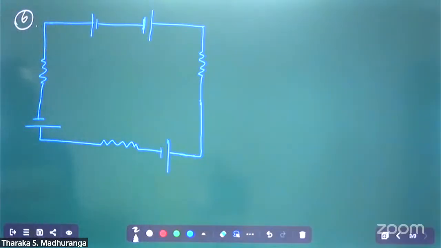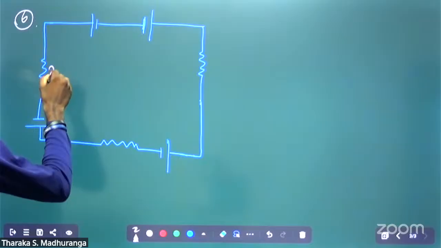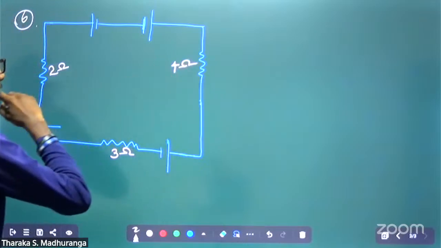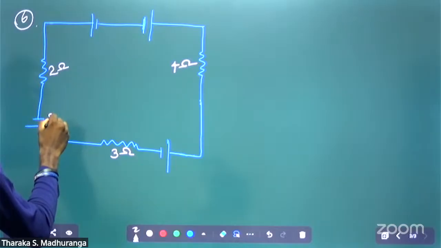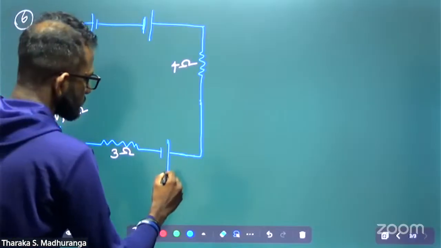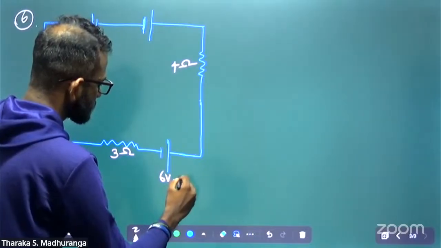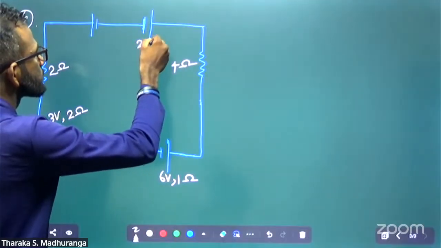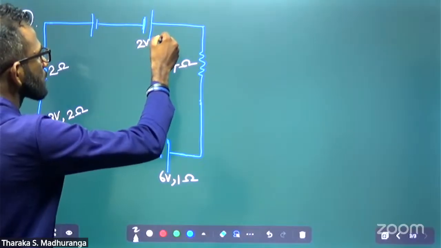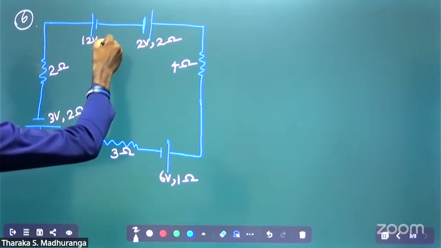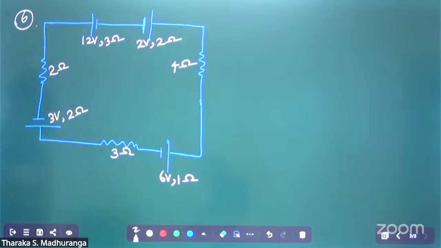Don't miss it. Okay, this is the circuit.